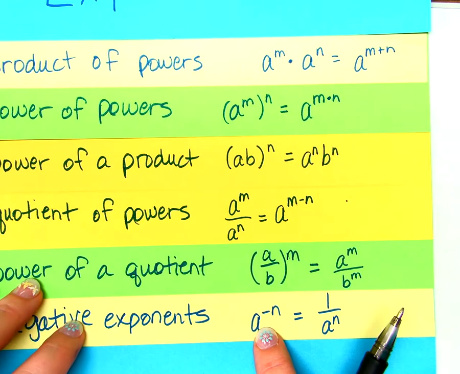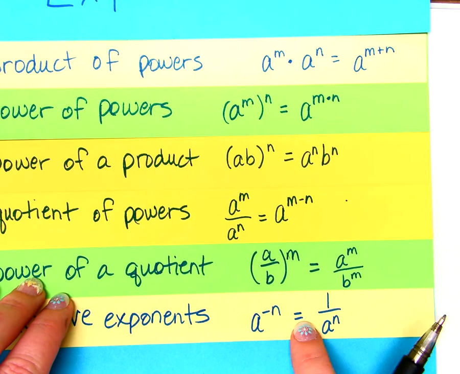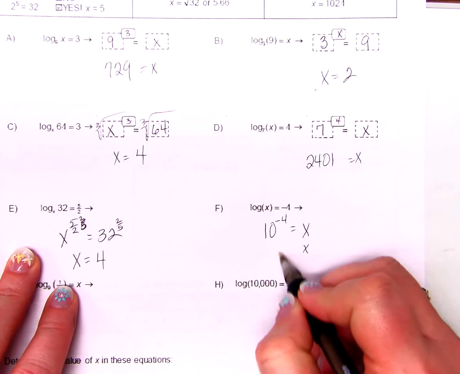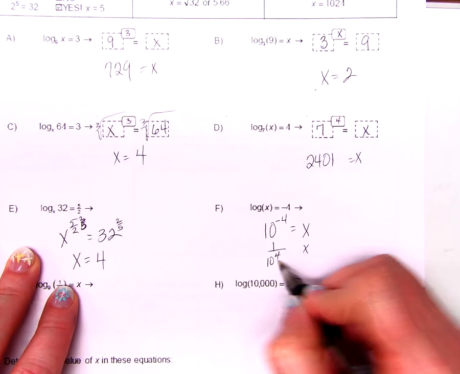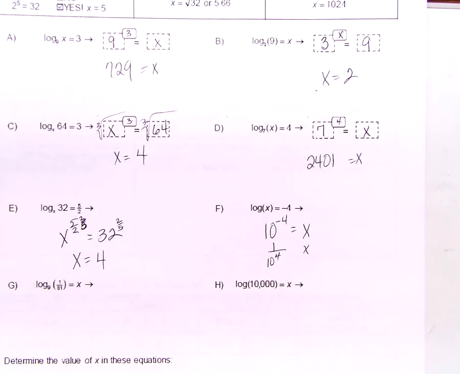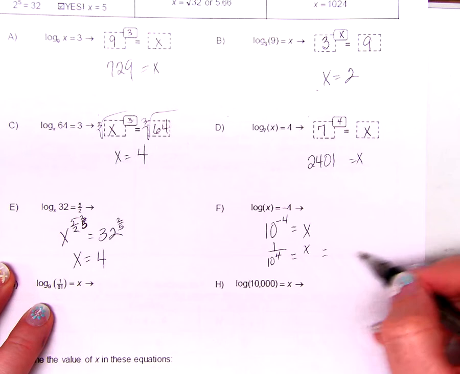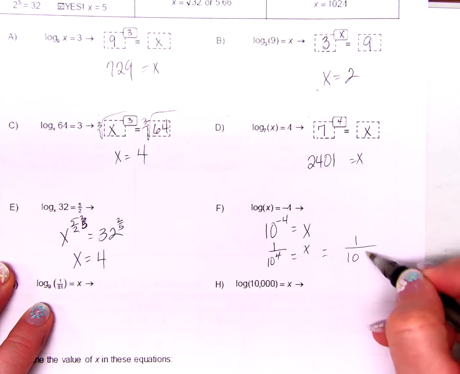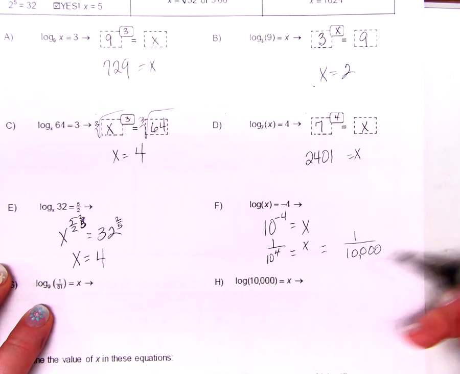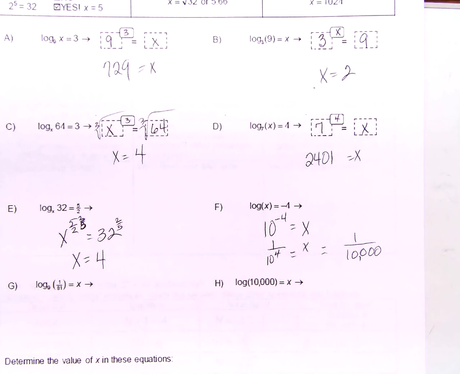Negative exponents: if it's a to the negative n, it's 1 over a to the n, which would imply that this is really 1 over 10 to the 4th, right? Do we know what 10 to the 4th is? Oh, that's definitely harder because it's a fraction and a big number.